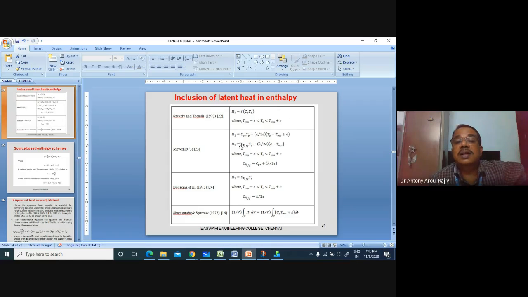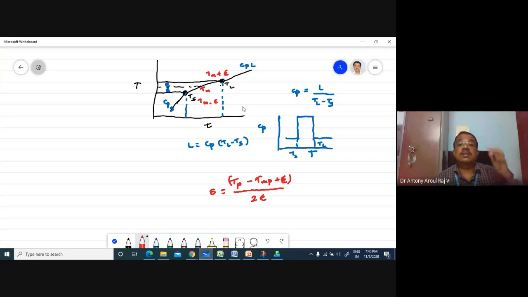The next method is H equal to Cp solid into Tp plus lambda, where lambda is the latent heat, multiplied by Tp minus Tm plus epsilon divided by 2 epsilon. What is 2 epsilon? Going back, 2 epsilon is TL minus Ts, the phase change temperature range.